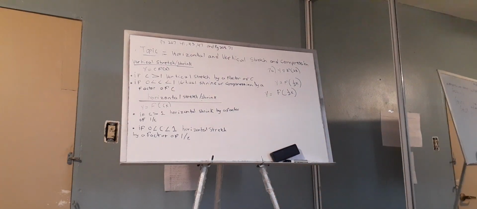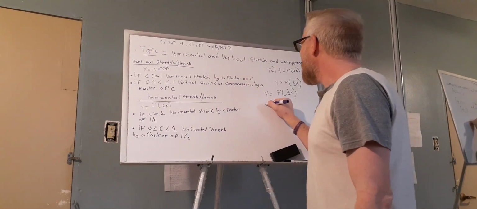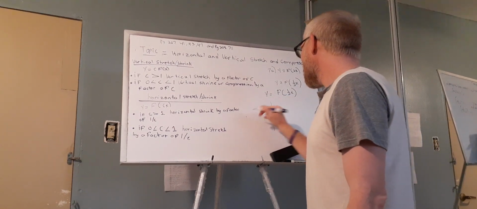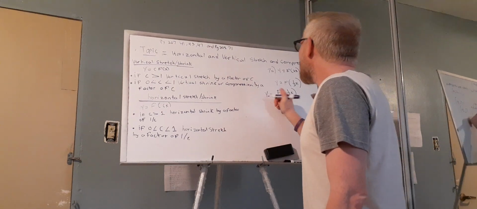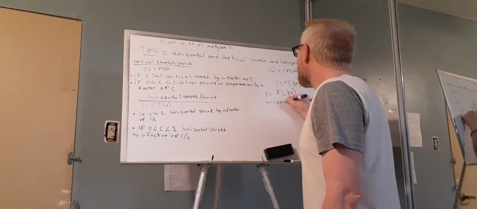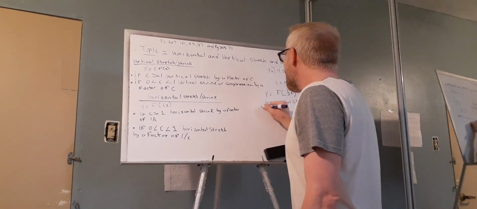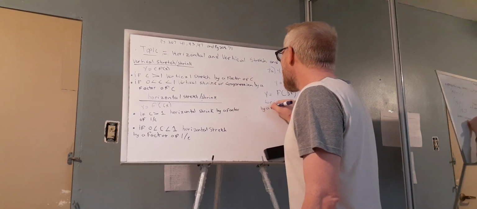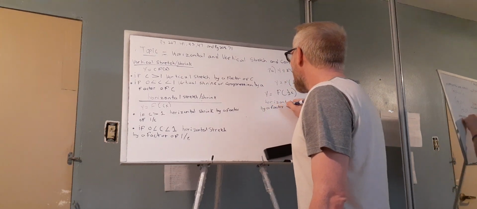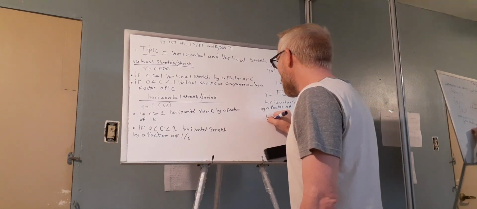Okay, it's a horizontal stretch by a factor of 1 over c, and what we say is that it is a horizontal stretch by 2. So again, we say horizontal stretch by a factor of 1 over c, which in this case is 1 over 1/2.